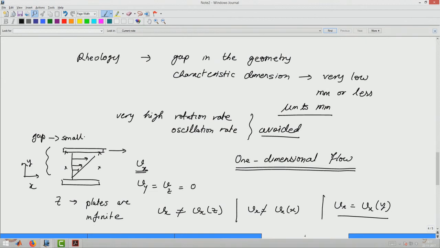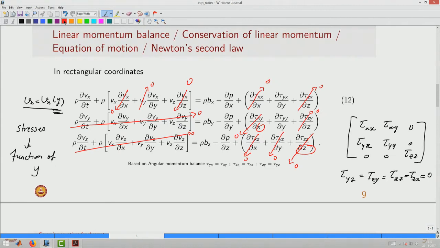Given that there is no flow in y direction and assuming that gravity is in this direction, we can ignore the effect of gravity on flow. The body force is all in the y direction, so this is 0. We do not really have any body force in the x direction because gravity is in the negative y direction. Now, the other term which can arise is the pressure.